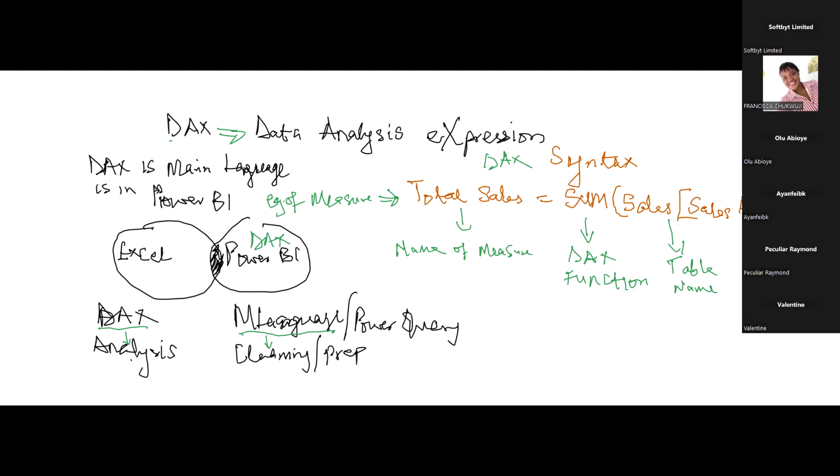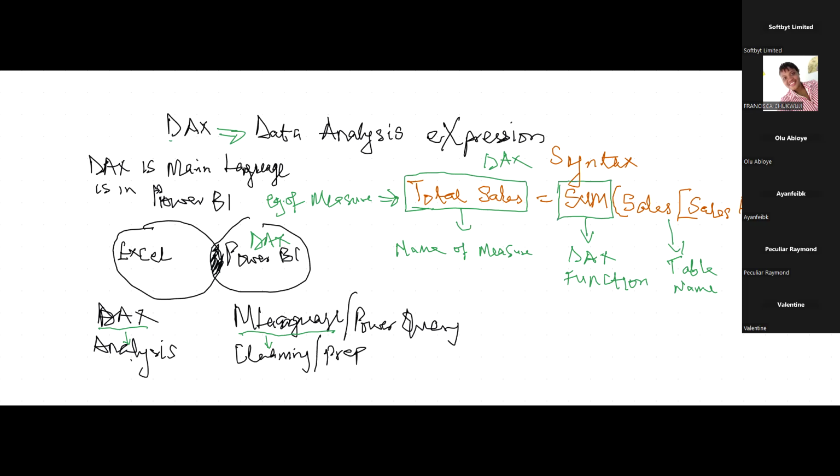At this level, we want to calculate a measure, and I will explain what the measure is. This is the name of the measure. This is the DAX function, which does the calculation on a numerical column. And this time around, the sales amount.